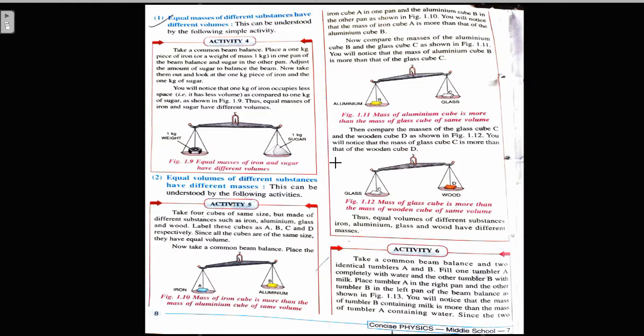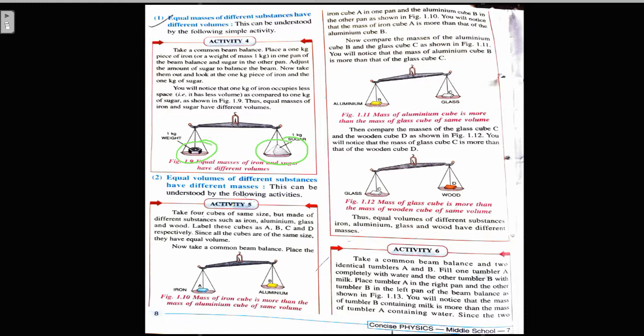Now we will move on to the next. So here is the process to measure this. Equal masses of different substances have different volumes. This is 1 kg of weight, and this is 1 kg of sugar. So this is how we measure the sugar or weight, right?